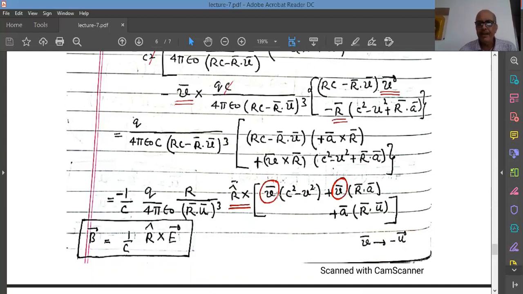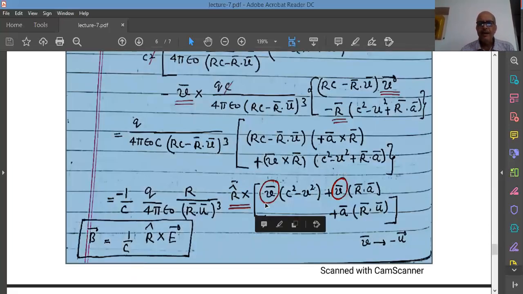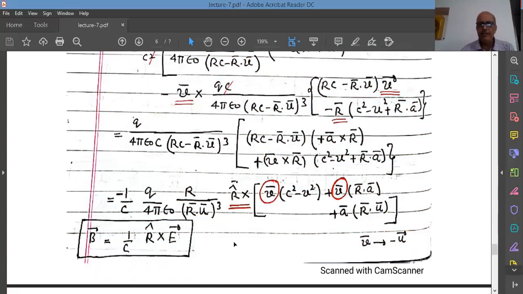So even if we write v here, r cap cross v will be equal to r cap cross minus u. Because of the cross product, even if we have a v here, we can write this in terms of the electric field E, and B is equal to 1 over c, R cap cross E. Now if you look at this expression, the magnetic field vector is perpendicular to the electric field vector.